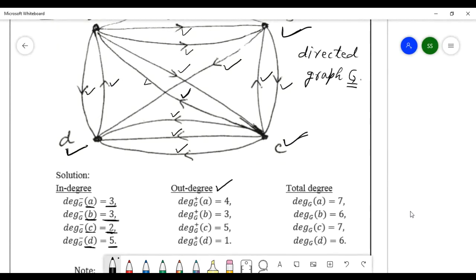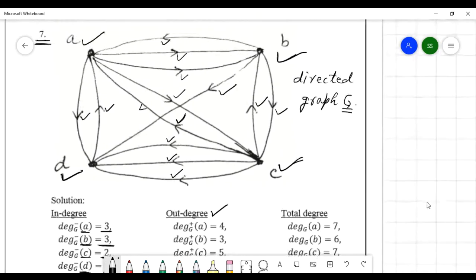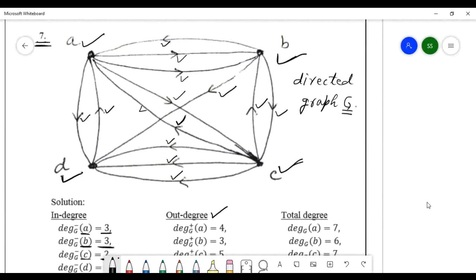Out degree at vertex A. How many going from here? This one going, this 2 going, this going 3, and this going here 4. Out degree of vertex A is 4.